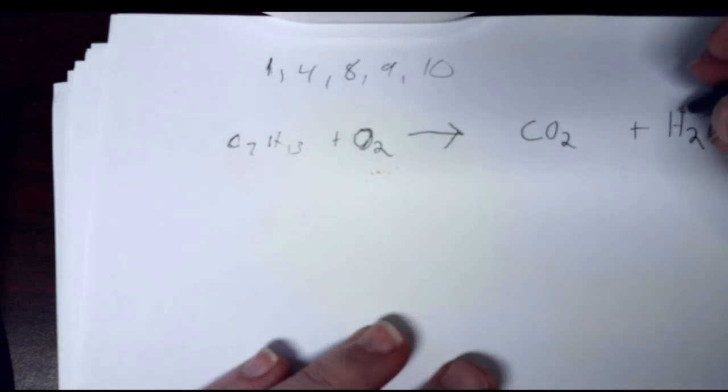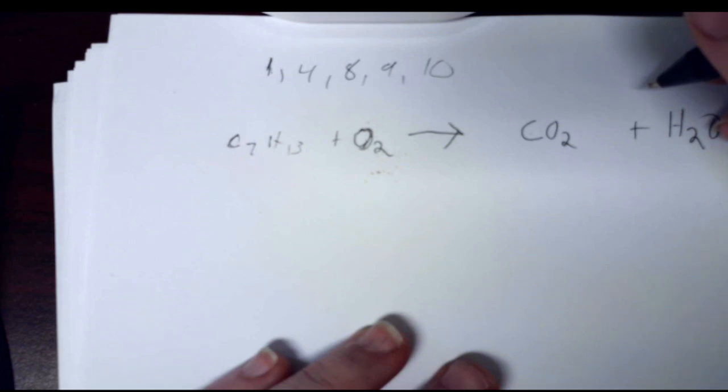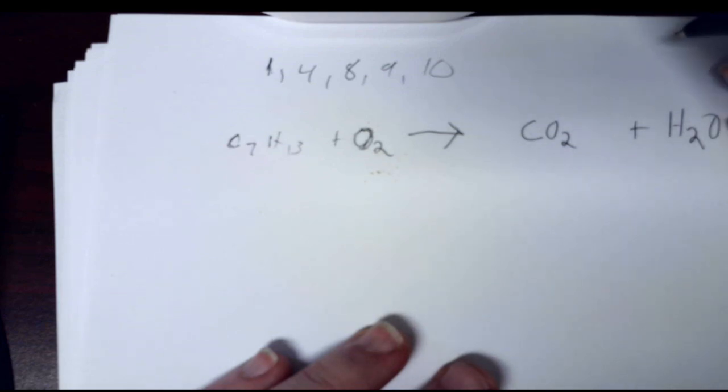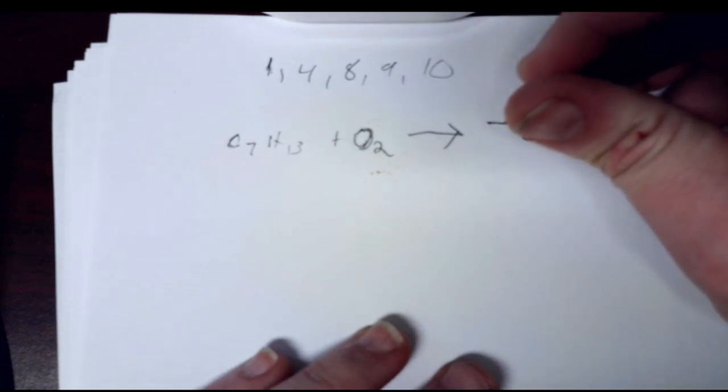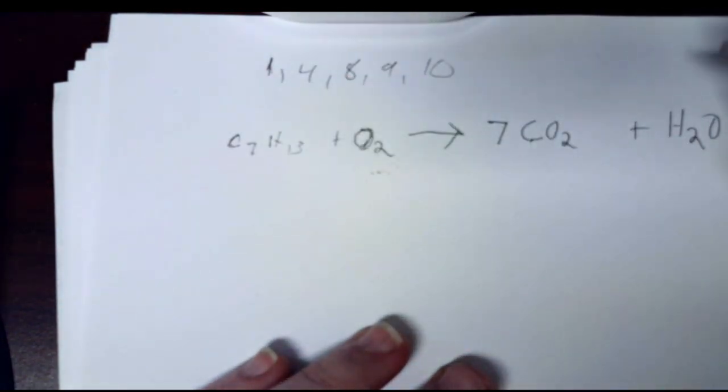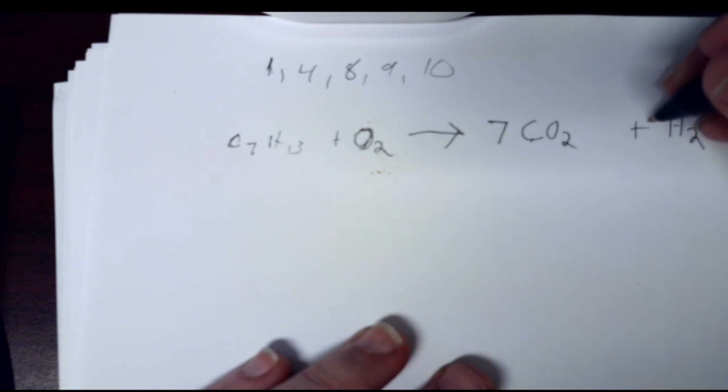Now, while this is usually a big no-no, we can write this out as a fraction. 7 carbons are needed to balance those 7, and for 13 hydrogens, since that's a factor of 2, to get 13 you'd have to have 6.5. So we'll say 13 halves.